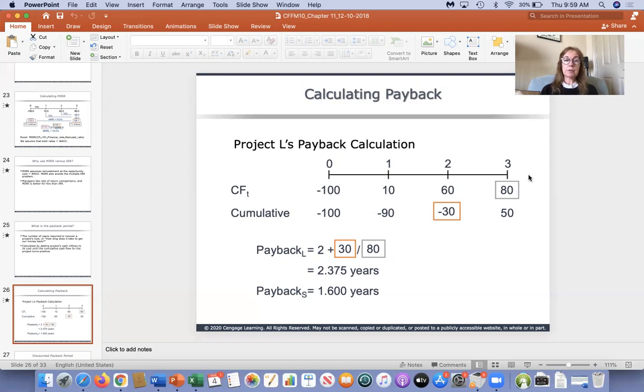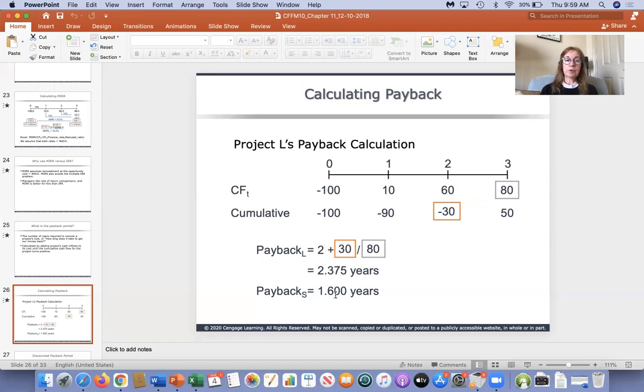So let's say hypothetically, what if both of these projects went out 5 years? And let's say in year 4 and year 5, the cash flow for this project was $100 in year 4 and $100 in year 5.